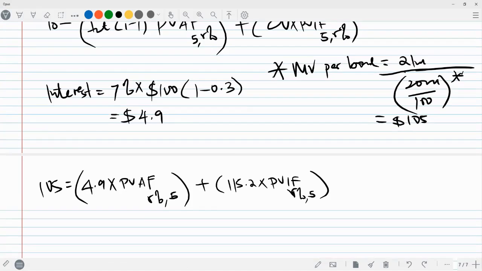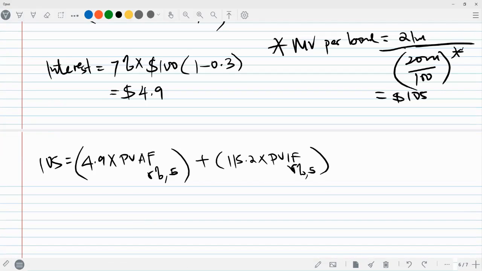Try another method. What would be the cost of this bond if it was to be redeemable? 4.9 divided by 105, what do you get? $4.67.